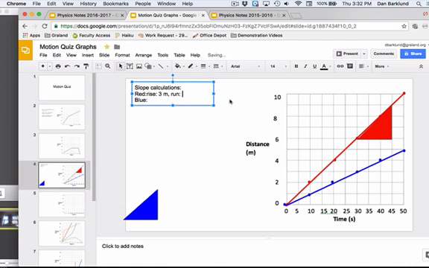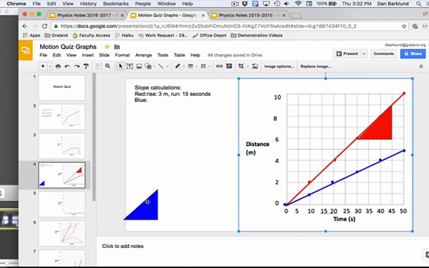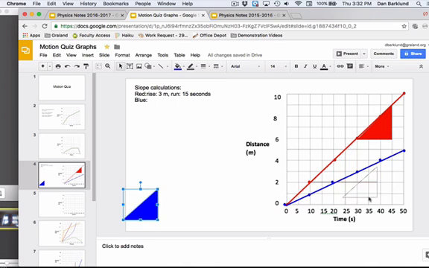The run is 30, 35, 40, 45, so 15 seconds. So we've got the red rise at 3 meters, run in 15 seconds. For blue, we'll do that same thing. Bring my triangle over here, and let's make it a little bit bigger.